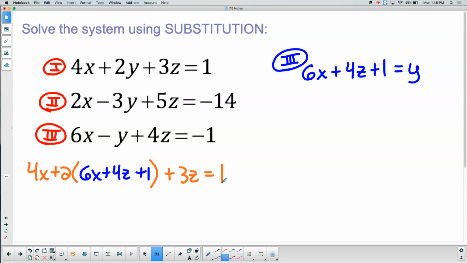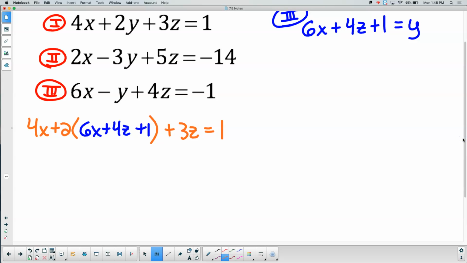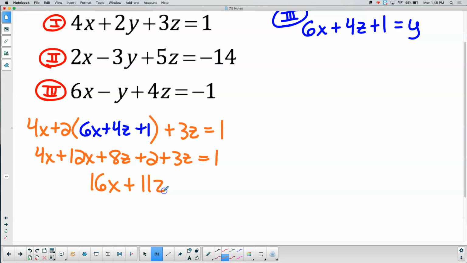So that's 4x plus 12x plus 8z plus 2 plus 3z equals 1. 16x plus 11z equals negative 1. We'll call that equation number 4.